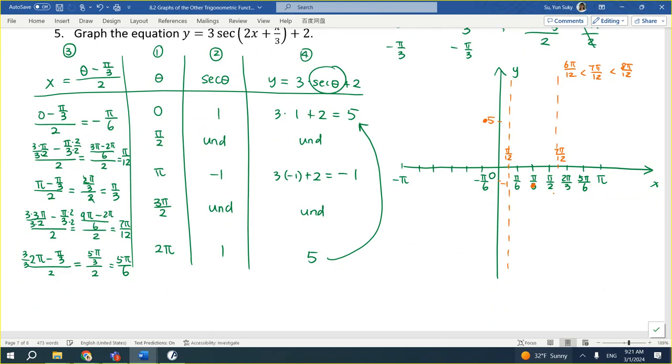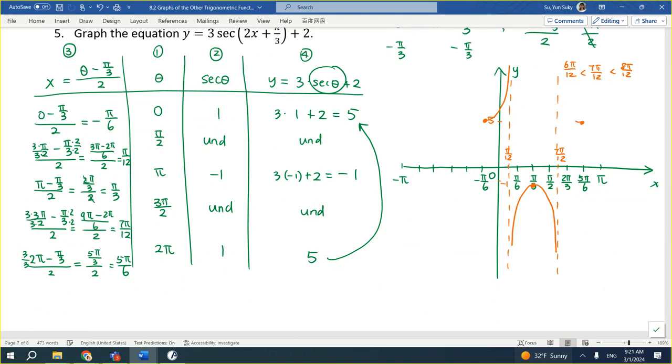So draw the little dash line. Last one. What is the last one? X is 5 pi over 6. And then the y is 5. Yes, everybody? So now we connect the points up, down, up, down.